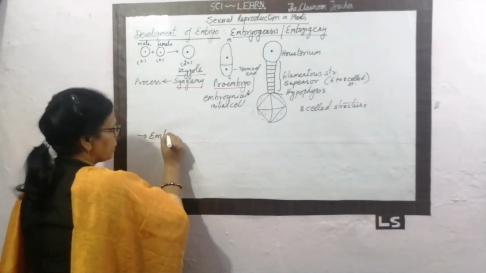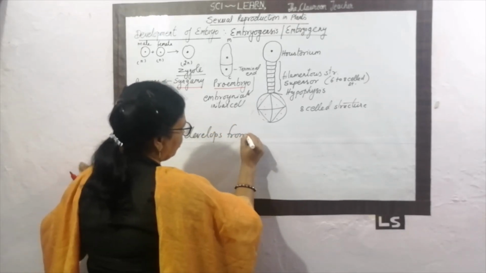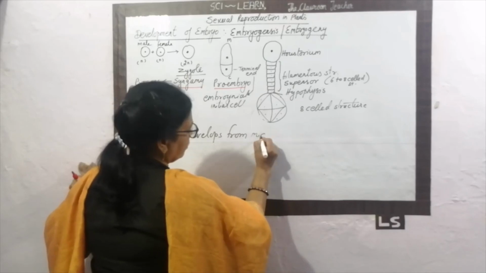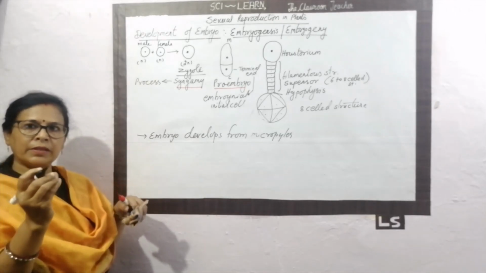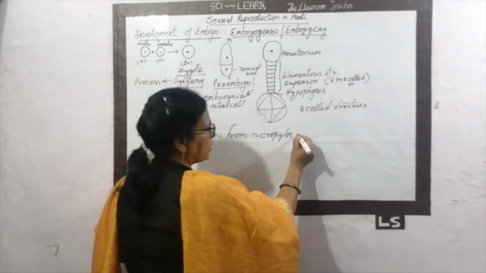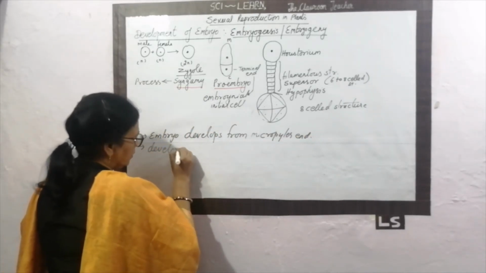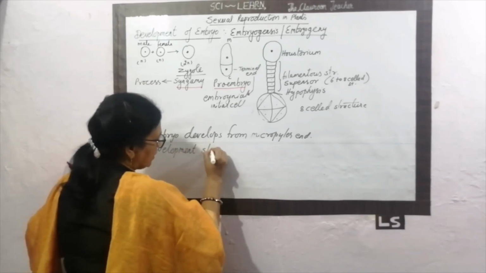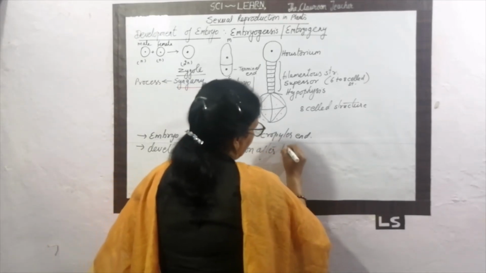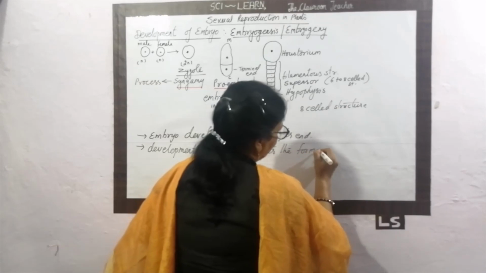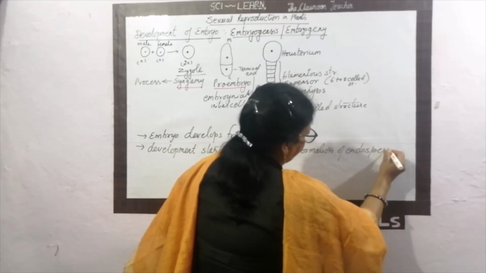Embryo develops from the micropylar end, and this development is started soon after the formation of endosperm.